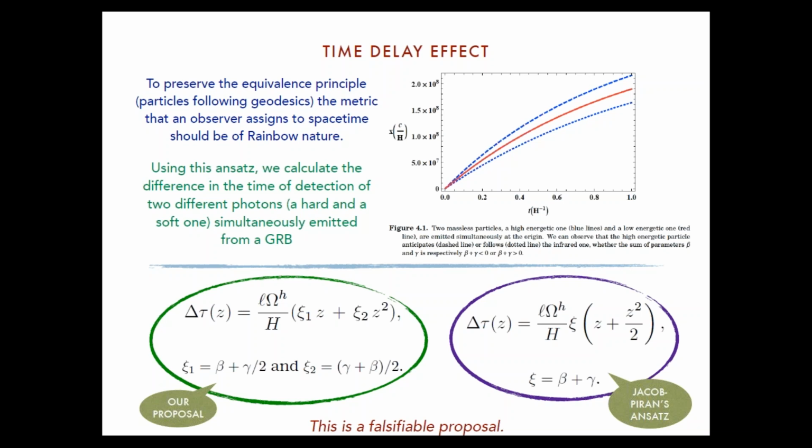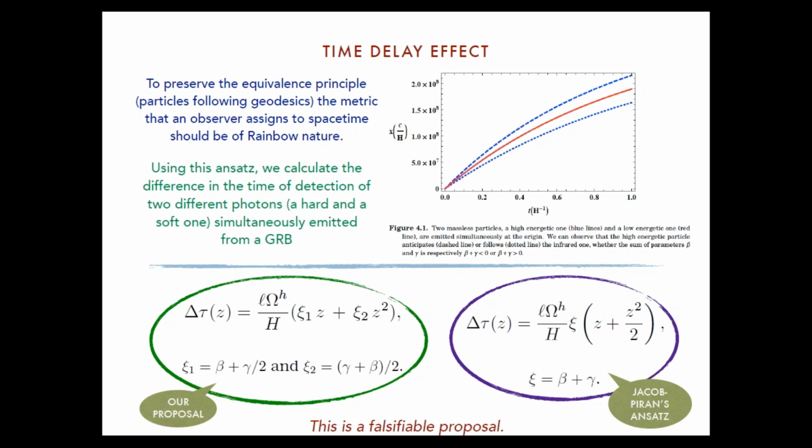the left-hand side expression, while the usual approach, by the paper of Jacob and Piran, is the right-hand side, and of course it uses a different ansatz. And in any case, this proposal is falsifiable because you can compare and see which proposal the data fits better.